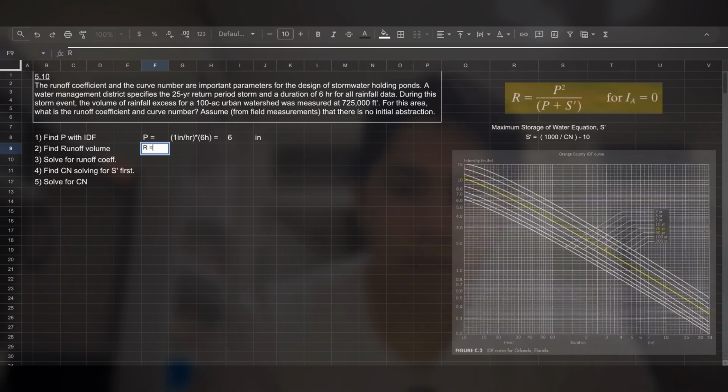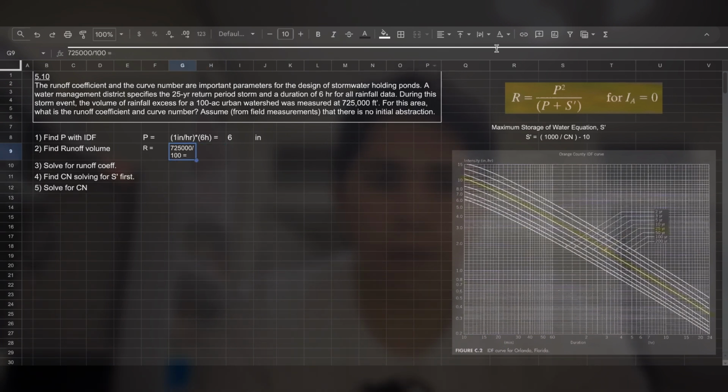The runoff is going to be equal to the volume, 725, divided by 100 acres.